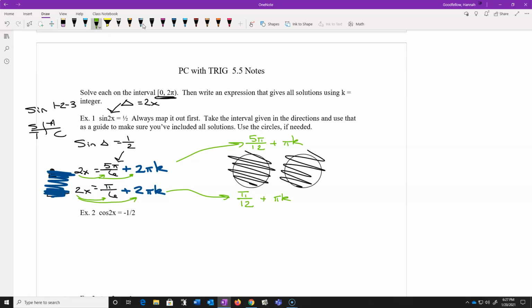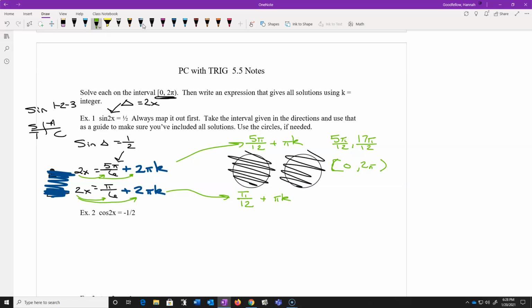But then we got to think about what these pi k's really do generate in terms of answers between 0 and 2 pi. So if I was thinking about between 0 inclusive and 2 pi, I would get answers at this one to be 5 pi over 12, but then I add a 12 pi over 12 to it, and another possible answer could be 17 pi over 12.